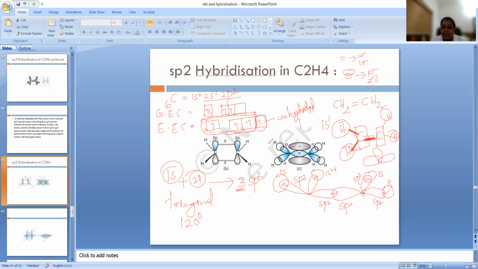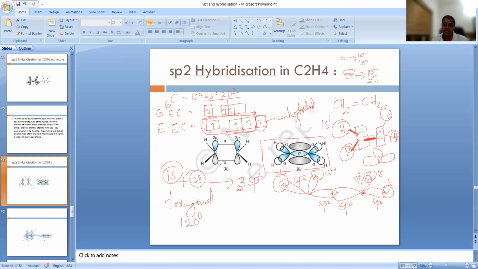Look at this. Suppose this is on the plane of the paper, this unhybridized orbital will be perpendicular to that. If this is the plane of the paper, it will be perpendicular like this. So the sigma bond will form in this plane, but the pi bond will be like this, perpendicular to the sigma bond.